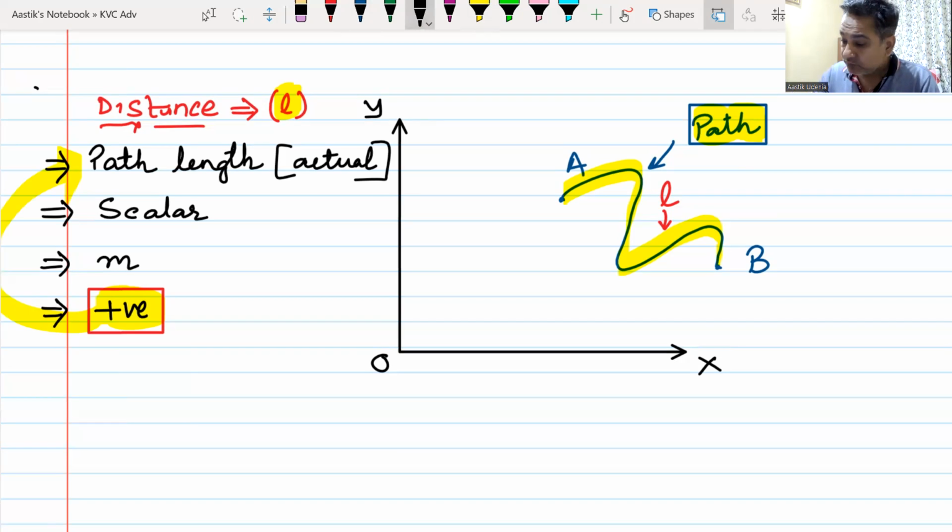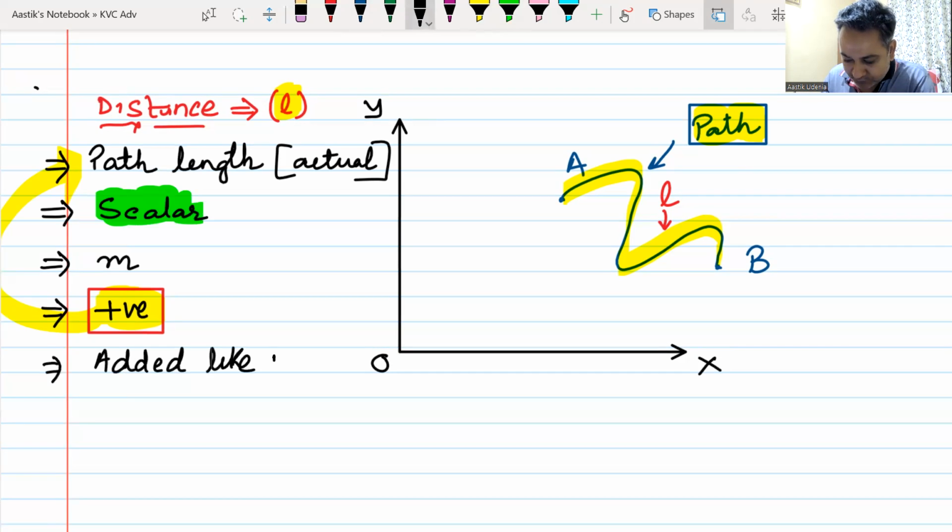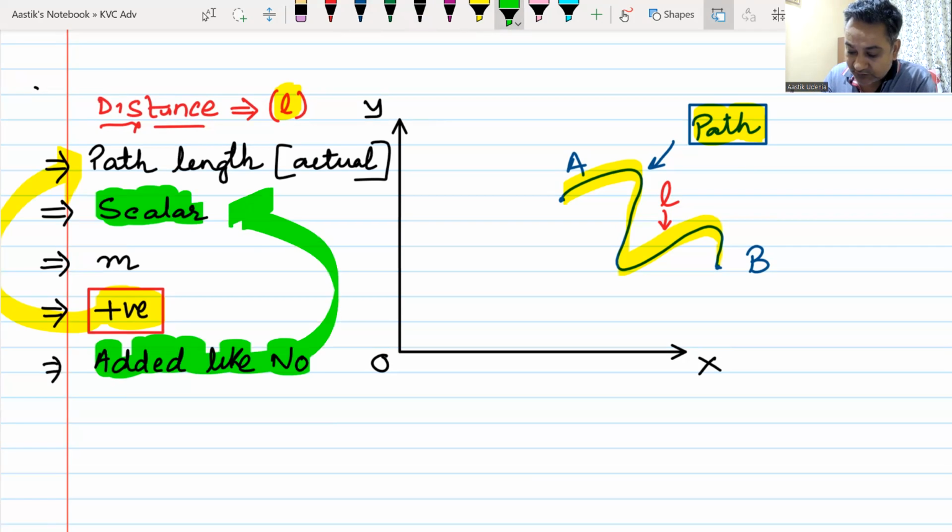Okay. Now since distance is a scalar and scalars are just numbers, distance can be added just like numbers. We don't need any additional law. Why is it added like numbers? Because it is a scalar quantity.